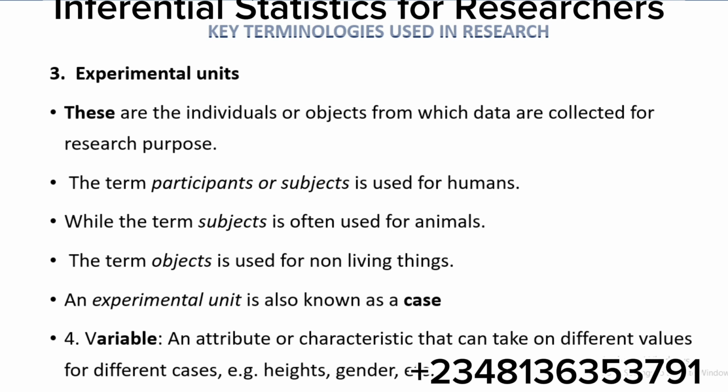And these attributes can vary. For example, if you are carrying out a survey, the first individual we interview can be a male. The second individual can be a female. So these are different categories. So if you have height of cases, different experimental units can vary.